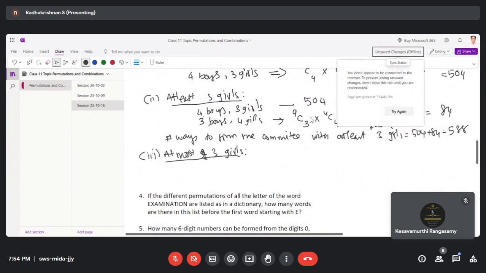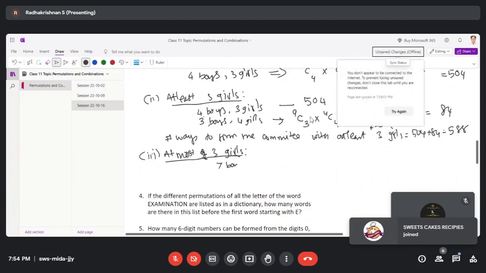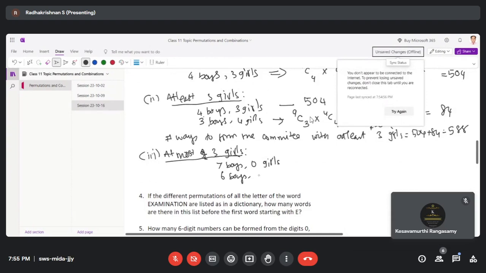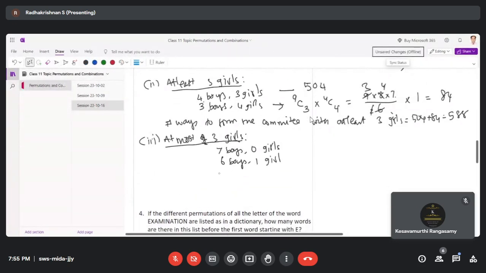So this we can do like 7 boys and no girls, 6 boys and 1 girl, up to 3 girls we can take, meaning all these options, 5 boys and so on.